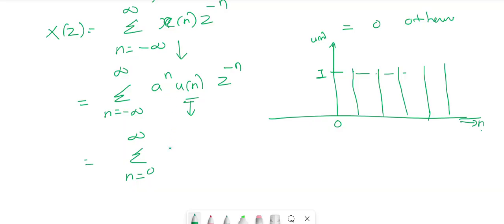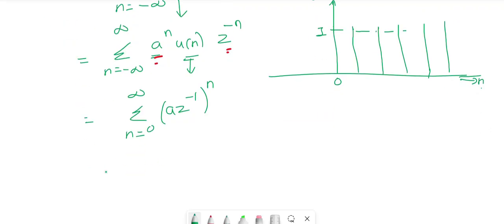You can combine the a term and the z term as a z inverse to the power n.